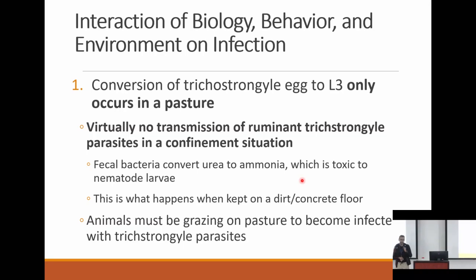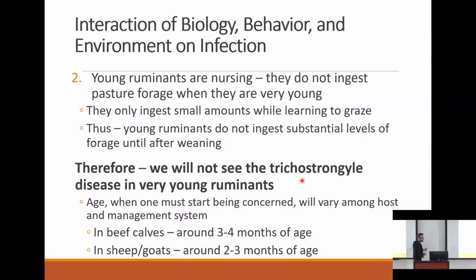The reason is that the infective larvae are always in the grass, not in the confinement situation. These parasites are not soil-transmitted parasites. They are transmitted when the animal is grazing on the pasture. So when we talk about the life cycle, you will easily understand why we are saying that these animals should be on the pasture if they are infected with these parasites.